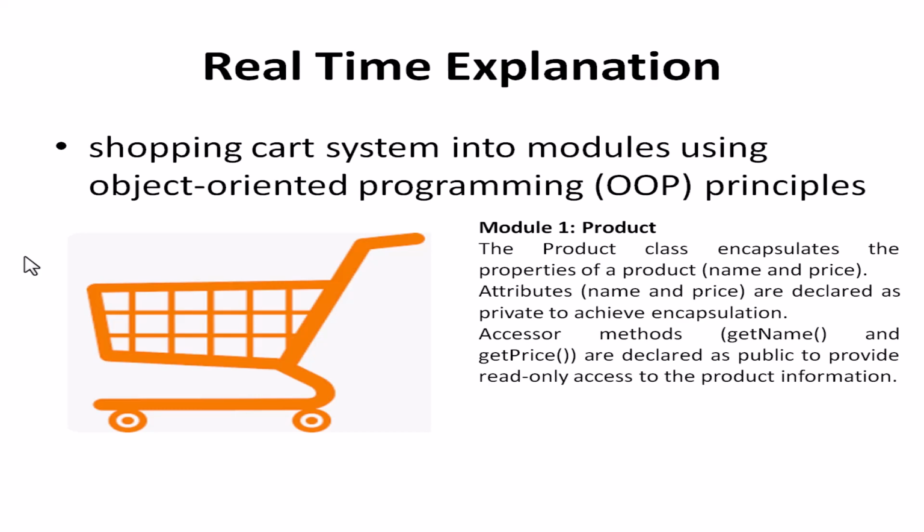It means you are encapsulating data, hiding the essential things, so that another person outside the shopping cart cannot see the data. Only that particular person can see the actual price and the profitable price. Accessor methods getName and getPrice are declared as public to provide read-only access to the product information.